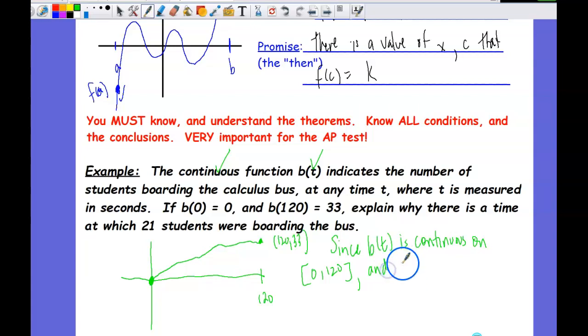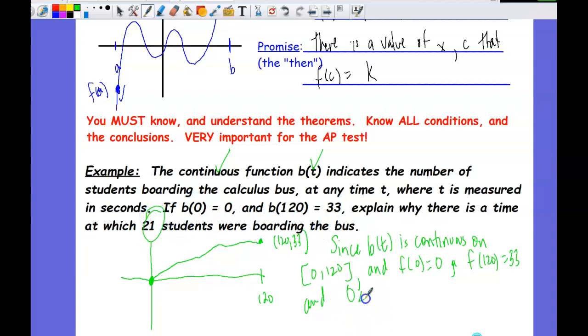And f of 0, so I'm going to declare the first y value is 0, comma, f of 120 is equal to 33, so I've declared the second y value, and the number in question is 21.